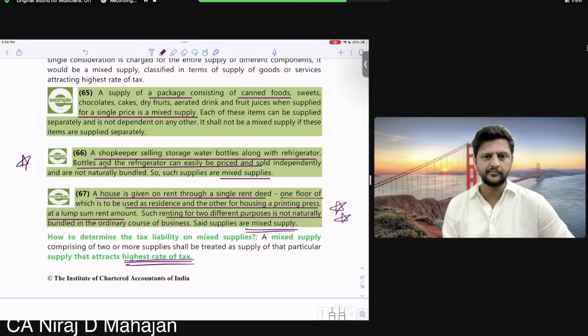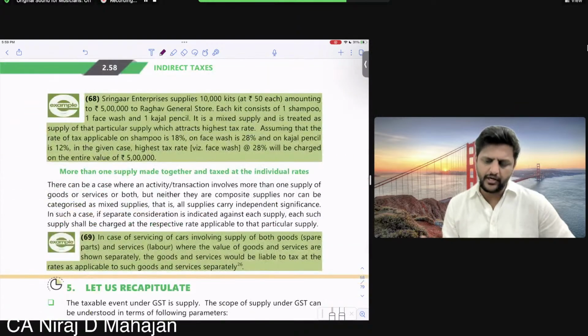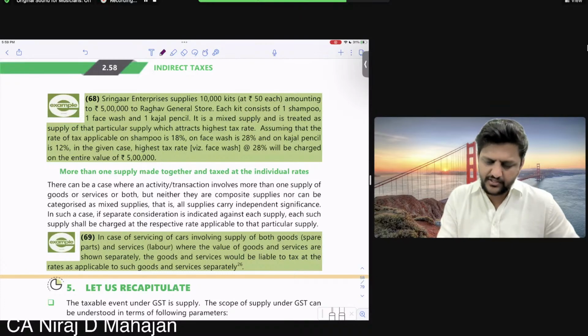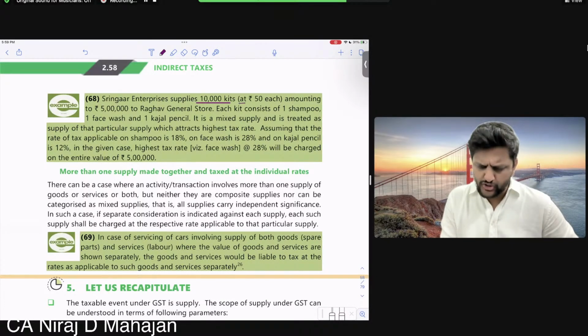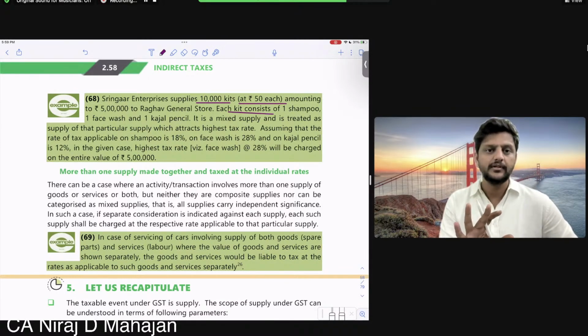Okay, everybody? So last part. Shringar Enterprise supplies 10,000 kits of rupees 50 each, amounting to 5 lakhs, to Raghav General Store. Each kit consists of one shampoo, one face wash, and one kajal pencil. This is a mixed supply.